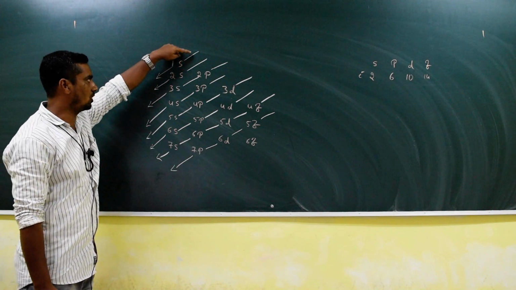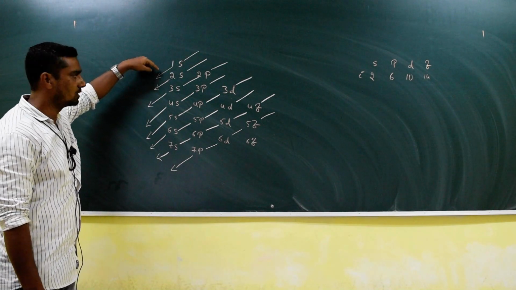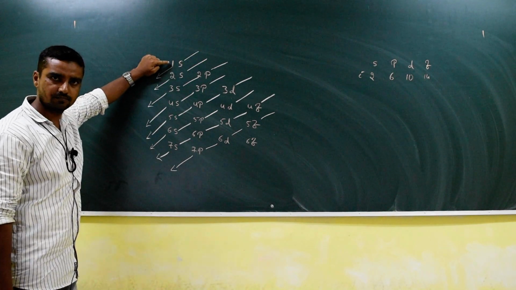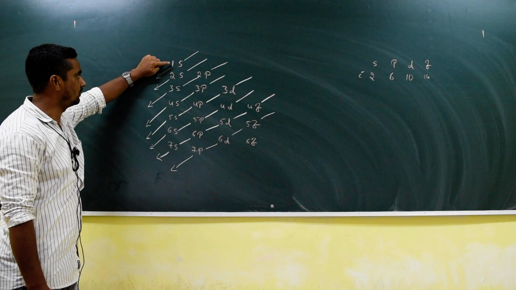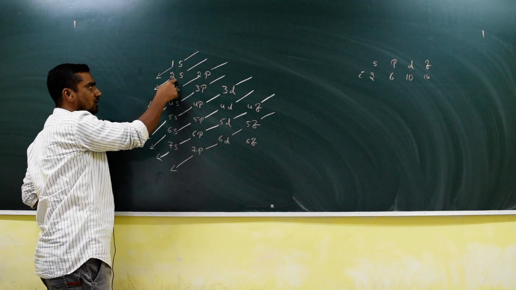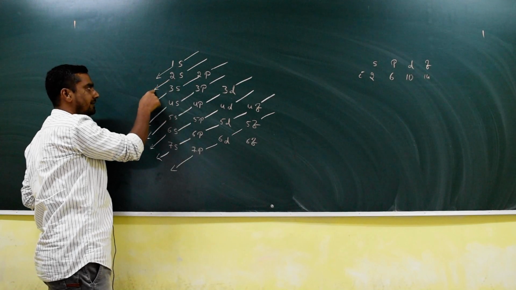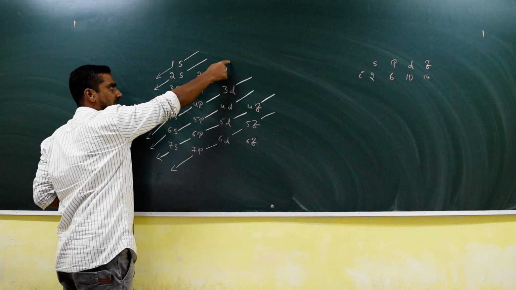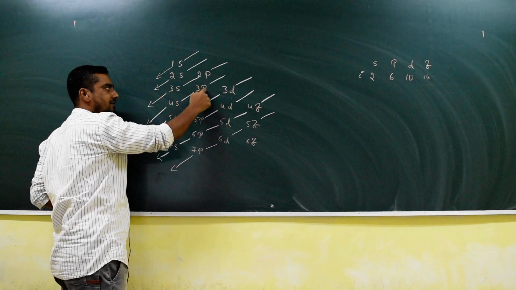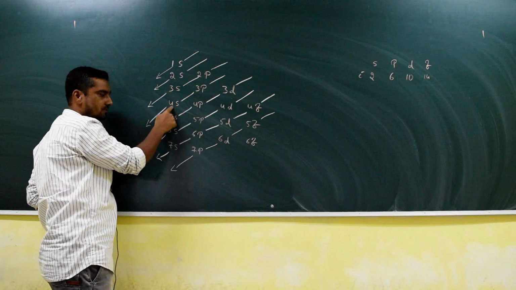The arrow mark goes in this direction. After the electron is filled in 1s, it goes back and is filled in 2s, right? Again the arrow mark starts from here, and it is 2p, then 3s, then 3p and 4s, right?